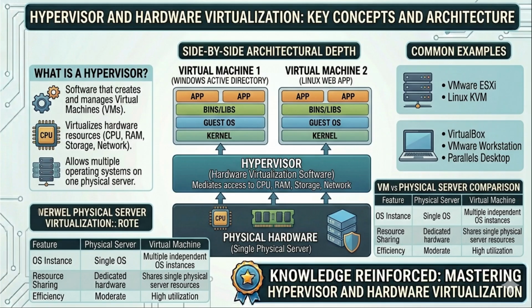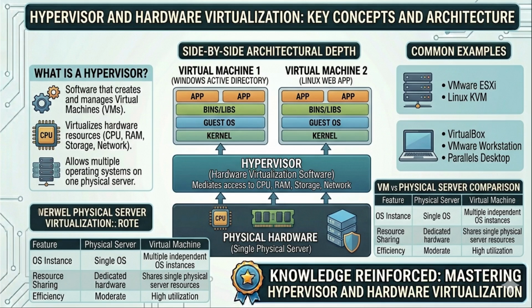The software that makes this possible is called a hypervisor. A hypervisor sits between the hardware and the virtual machines. Its job is to divide the hardware resources such as CPU, memory, storage, and networking among multiple virtual machines. The important thing to understand is that hypervisors virtualize hardware, not the operating system.